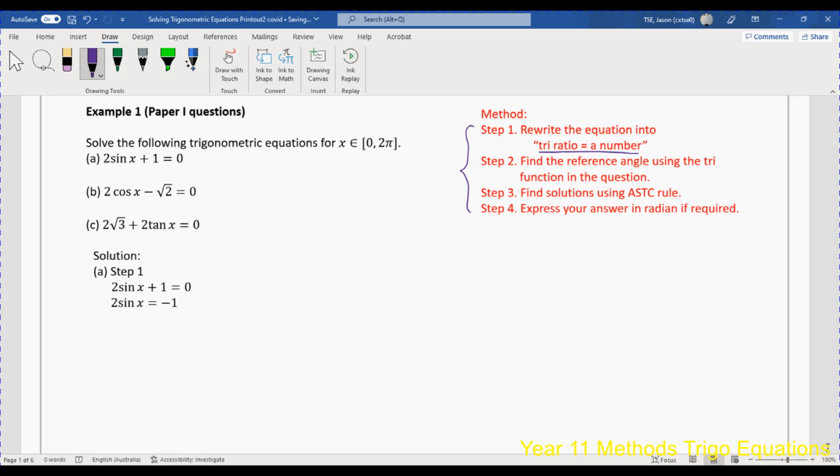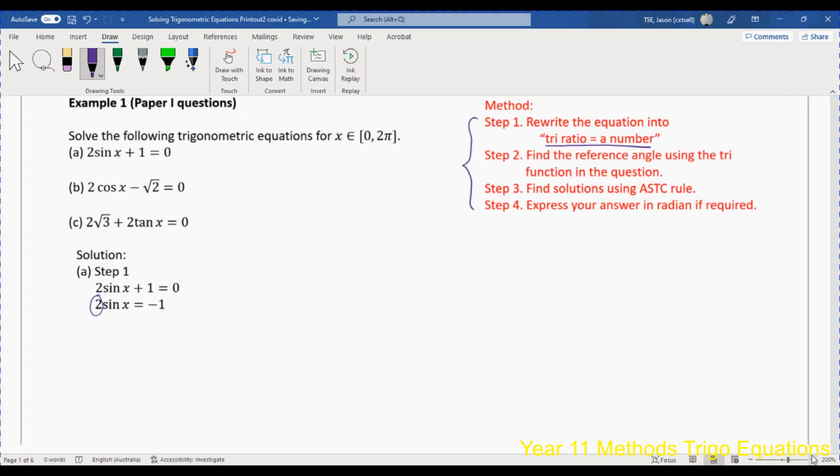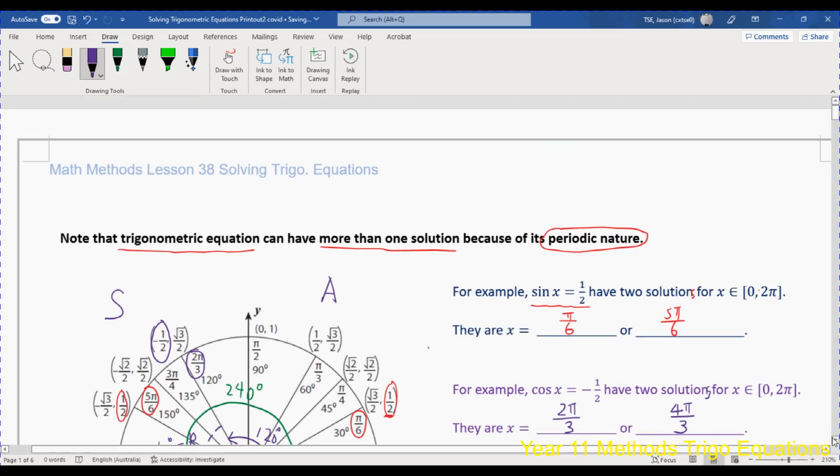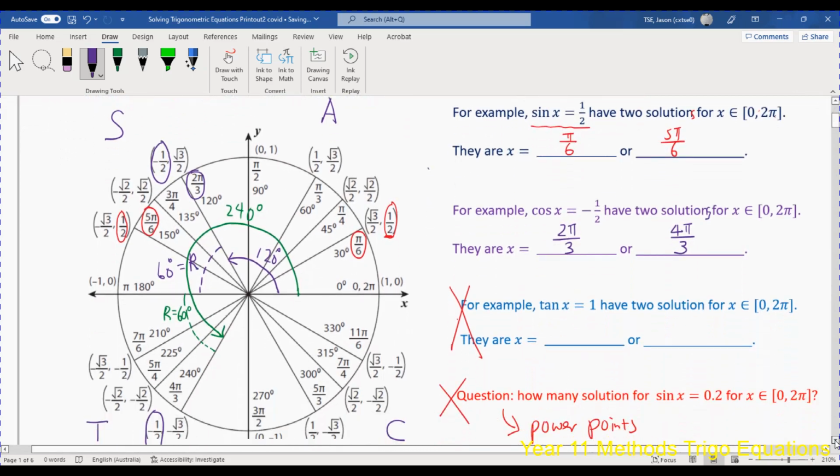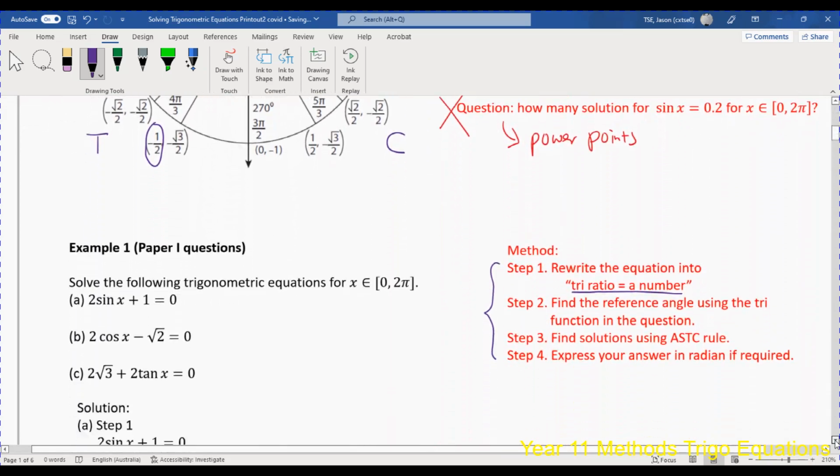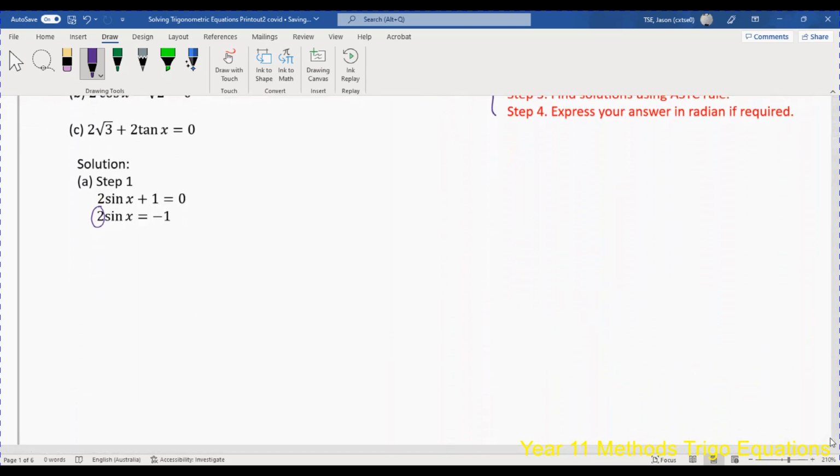For example, I'm going to move that 1 to the other side, becomes -1. Then I'm going to move that 2. Let me magnify it a little bit, zoom in a little bit. All right, so we all know if I move that, it becomes minus half.